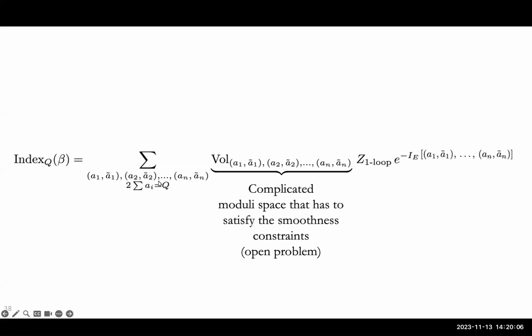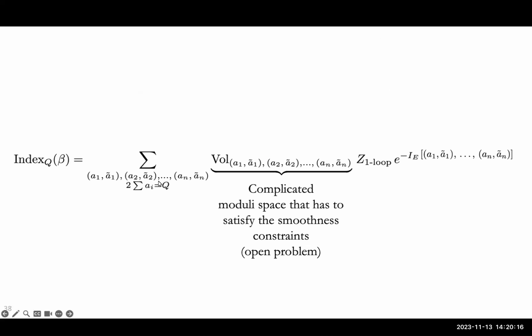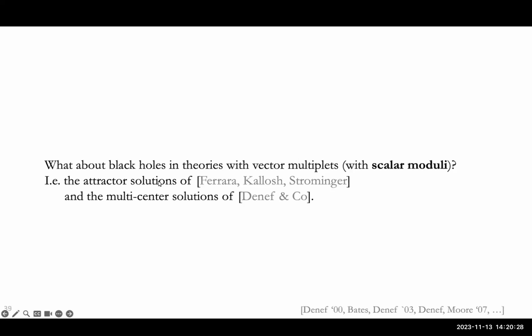So in principle, the thing to still complete is to compute the volume for the moduli space of these solutions once all the smoothness constraints are satisfied. So these black holes can be any distance apart, and they might have a very complicated moduli space.